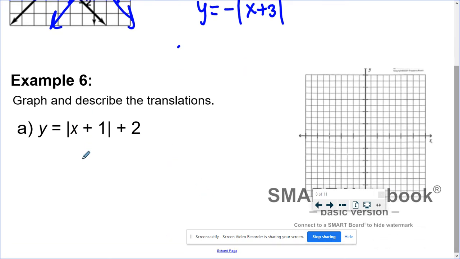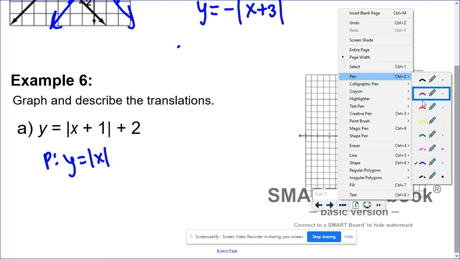Example 6 is really just taking everything that we've done, the horizontal and the vertical, and putting it together into one. So the parent function here is y equals the absolute value of x. So let's plot those points. For this one, I'm not even going to bother drawing the lines in for the parent function. I'm just going to leave those points there.